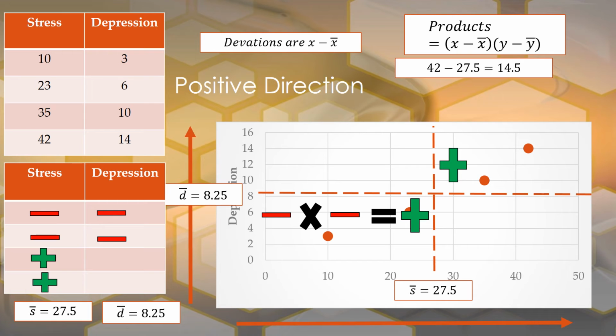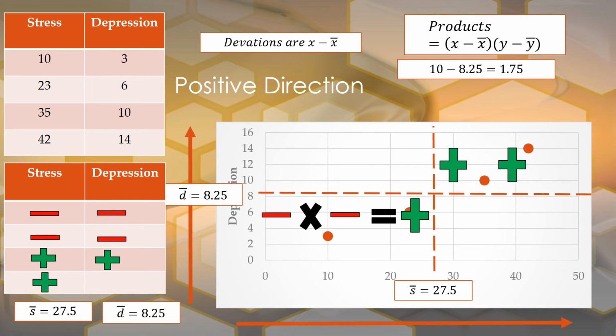Okay. Now we're going to do the deviations for depression in that same quadrant for those last two dots. So they're always going to be positive again because we're above the depression average line. So we have 10 minus 8.25, so 10 is above 8.25, so we get a positive deviation.